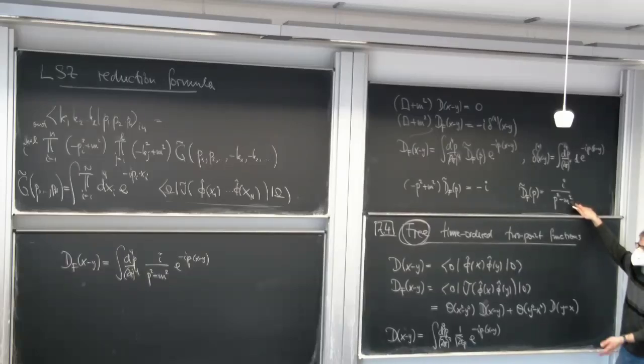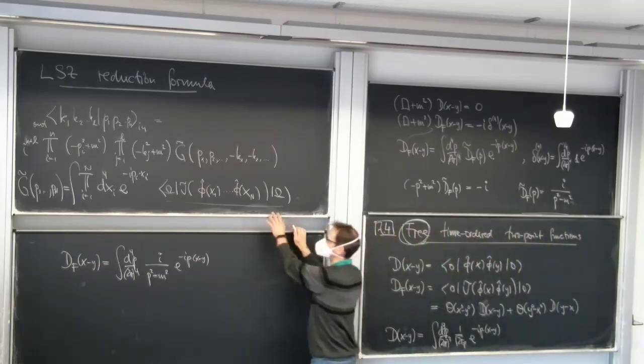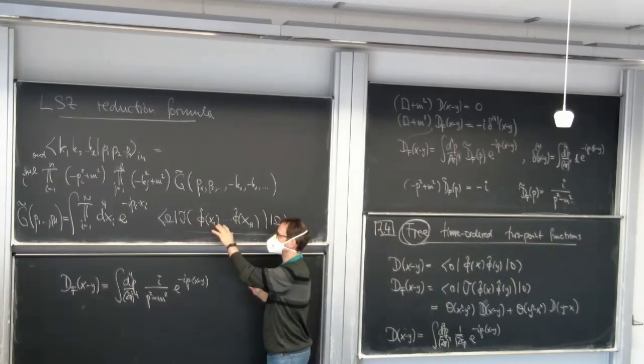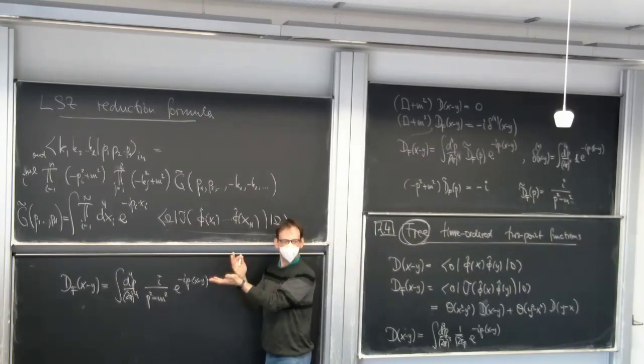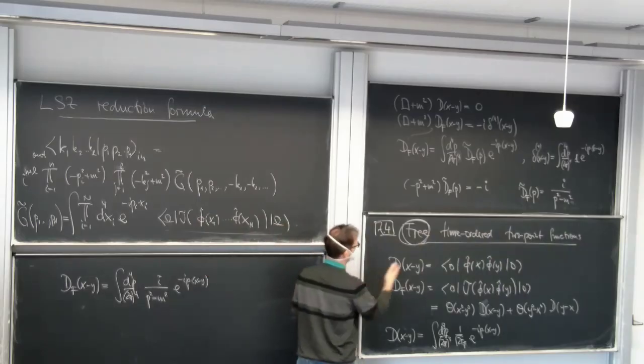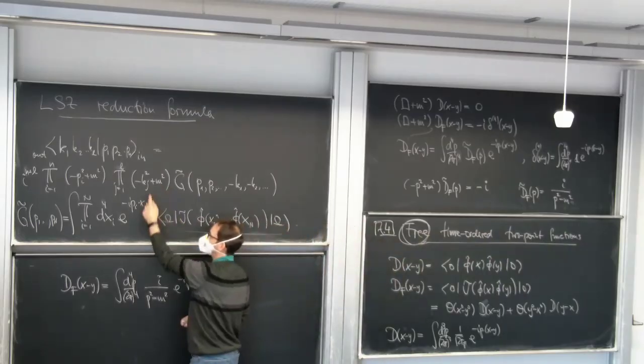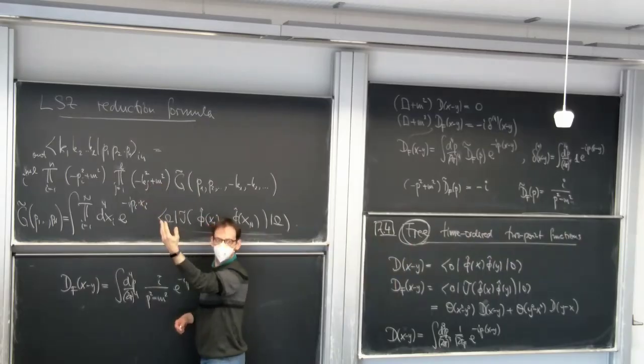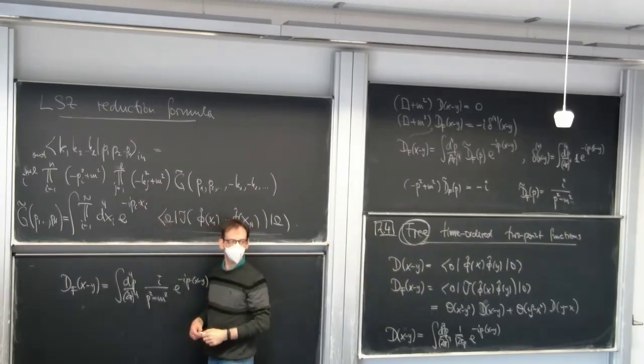See? No magic, this just happened. So it is conceivable that these higher order time-ordered correlation functions have poles in their Fourier transform, exactly these on-shell poles. And with this formula, LSZ, you take these poles away and just keep the numerator, the coefficient.